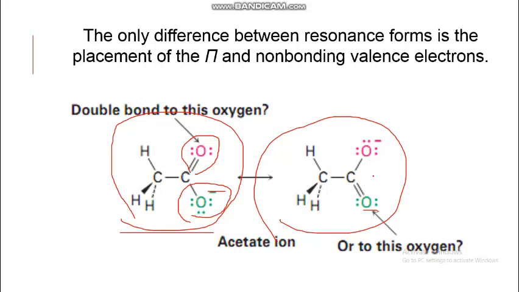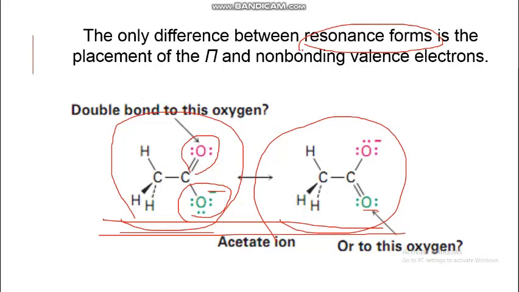So, although the two oxygen atoms in the acetate ion appear different in line bond structures, experiments show that they are equivalent. So, parehas lang daw sila. So, these two individual line bond structures for acetate ion ay tinatawag na resonance forms.